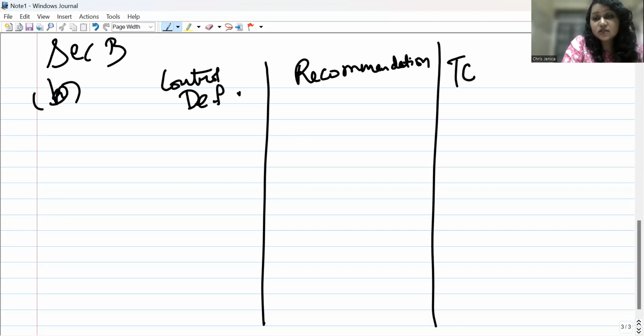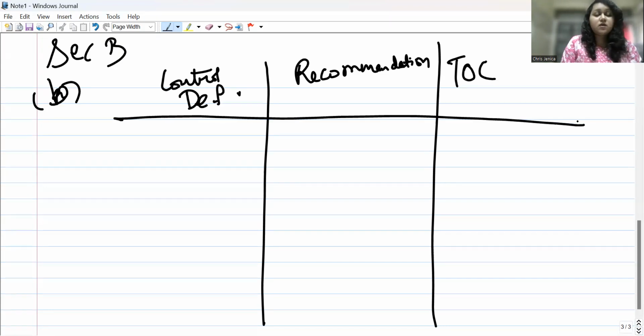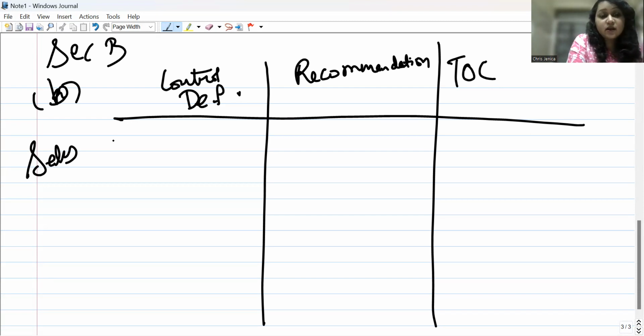And the last one is test of control. I'm writing it in short. Now, first of all, under sales, I'm going to find out points, right? Now, under sales, the line that we read told us that new customers' credit limits are being set by the sales ledger clerk.